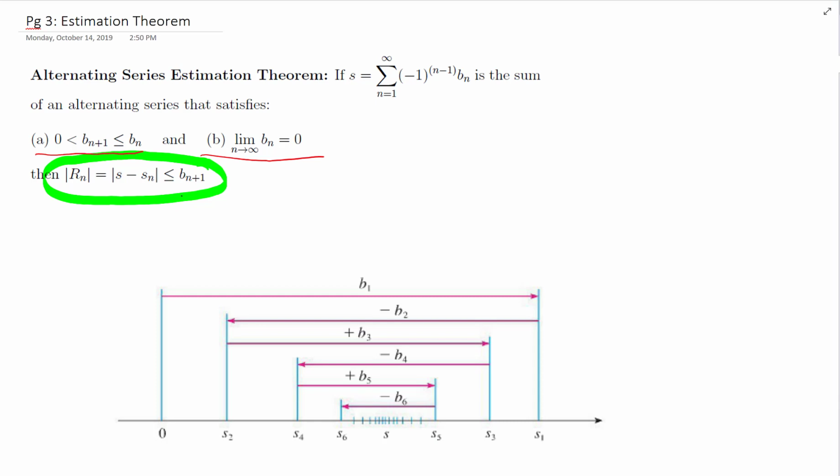It'll actually be less than, but our textbook has the less than or equal to. So basically, this translates into plain old words: the error is less than the next b sub n.